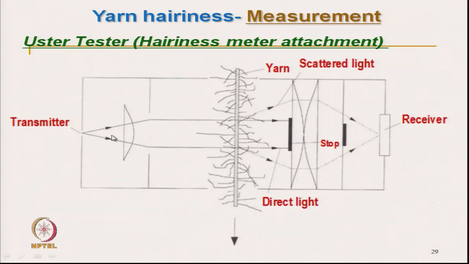Now, if hairs are present, these hairs will start scattering the light. The light will get scattered and move away from the straight path, and the light that goes to this light capture system will be captured, transmitted, and ultimately projected to the receiver.